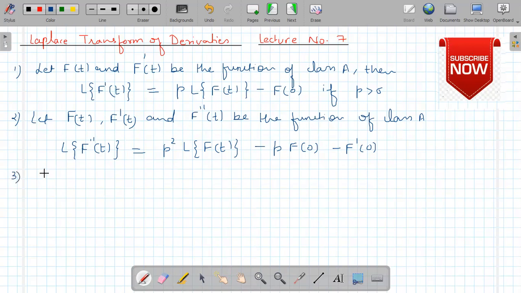And in general, we can define the Laplace transform of nth derivative of the function in the same way by assuming that f(t), f'(t), f''(t), and f^n(t) all belong to class A. In that case, we can define the Laplace transform of f^n(t), the nth derivative of the function f(t), as p raised to the power n Laplace of f(t).